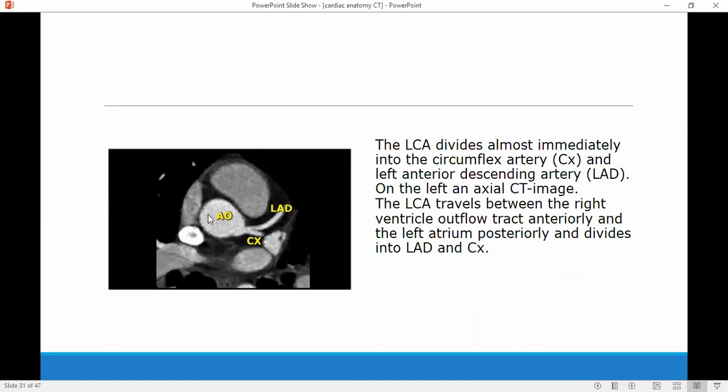On the left, an axial CT image, left coronary artery travels between the right ventricular outflow tract anteriorly and the left atrium posteriorly, and divides into LAD and circumflex.